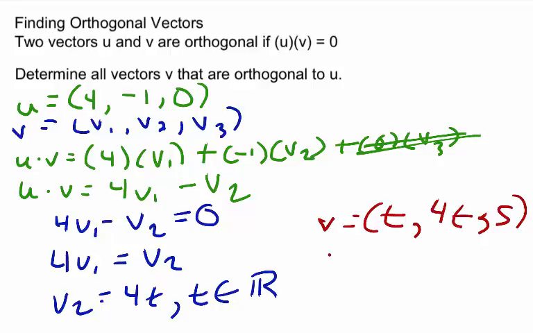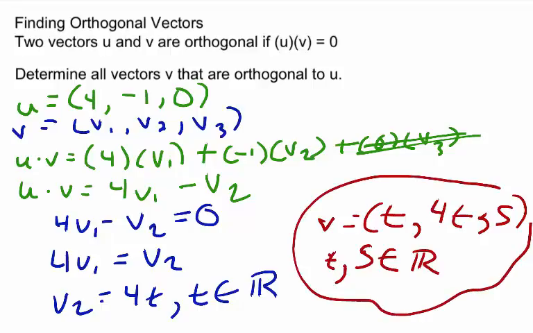Where, as we've just stated, t is an element of the reals, but also s is an element of the real numbers. So this concludes our example, where our vector v is dependent upon variables t and s, which represent real numbers.